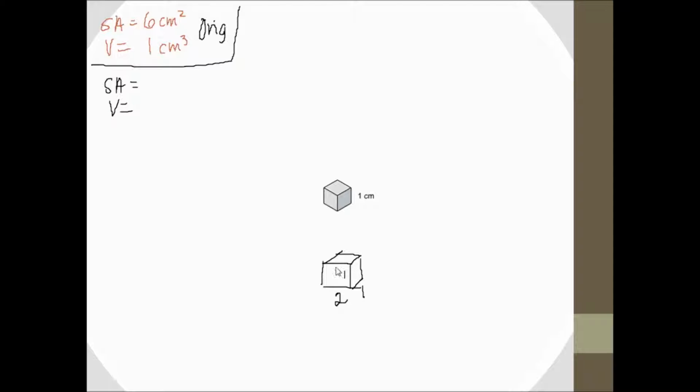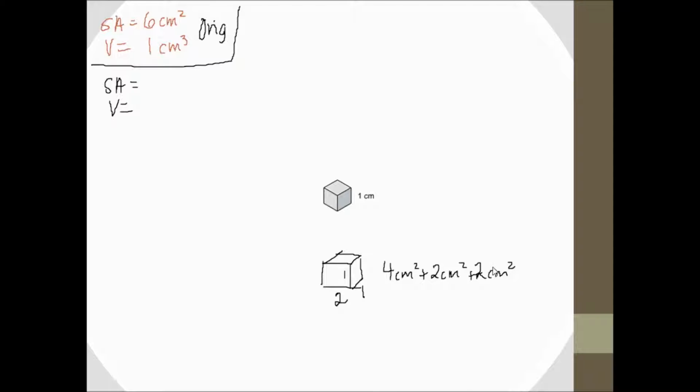Now to find the surface area of this rectangular prism, I have 2 2 by 1 rectangles, the front and the back. The area of the front is 2, but I have 2 of them, so that's going to be 4 square centimeters. The top and the bottom are each 1 square centimeter, and the left and the right are each 1 square centimeter.